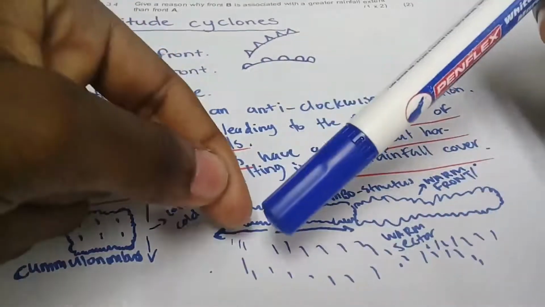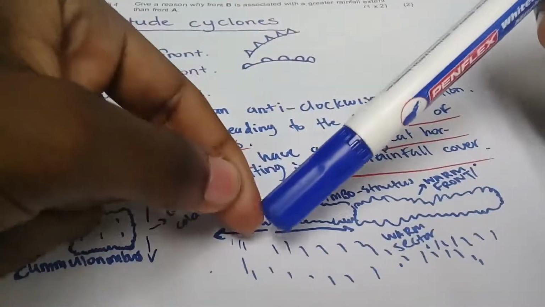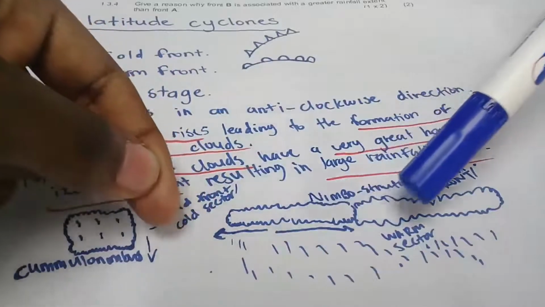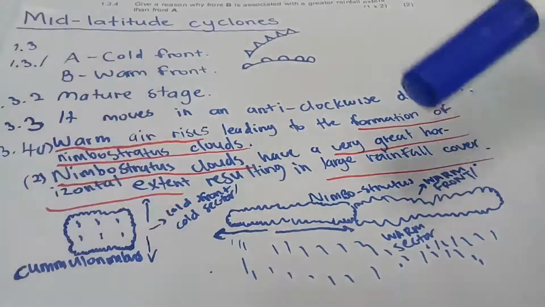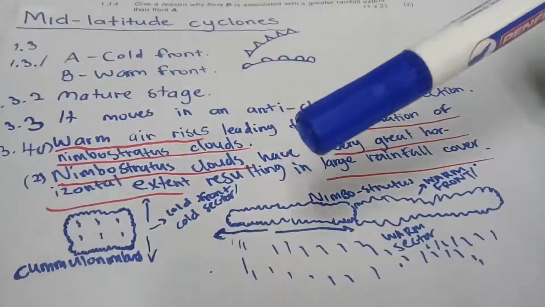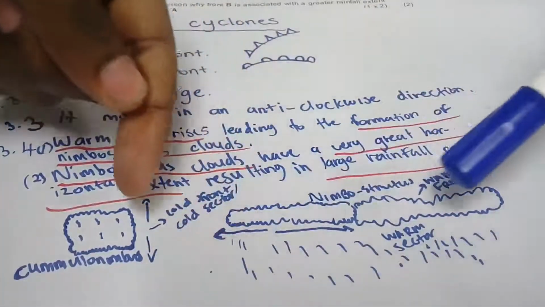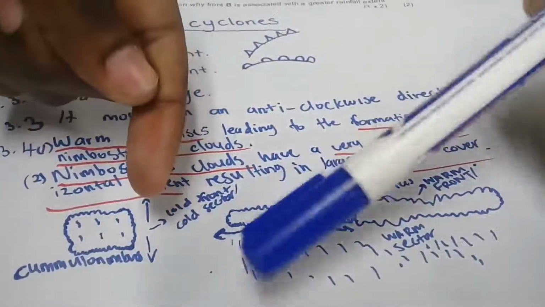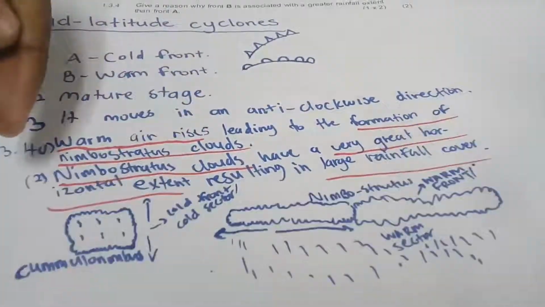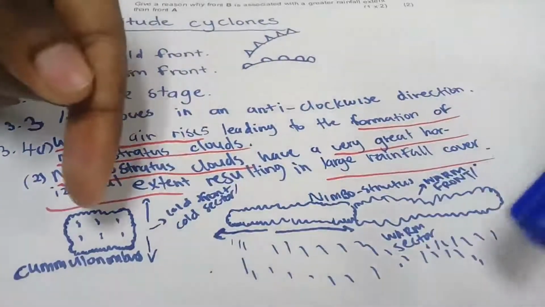If in the sky nimbostratus clouds have a very long horizontal size, that means they can result in a very wide range of rain. The rain can affect a very large scale at the surface, on the land.